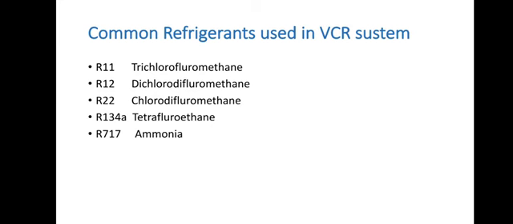And last one, if the vapor compression system is a large one, we can generally use ammonia as a refrigerant, and its specification is named R717.